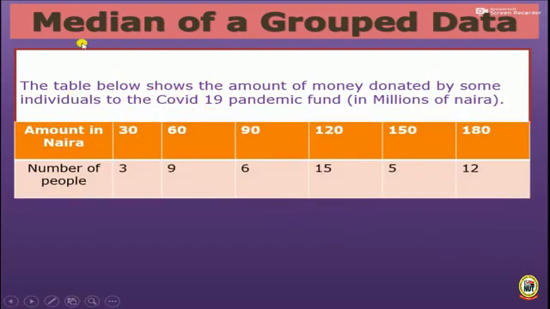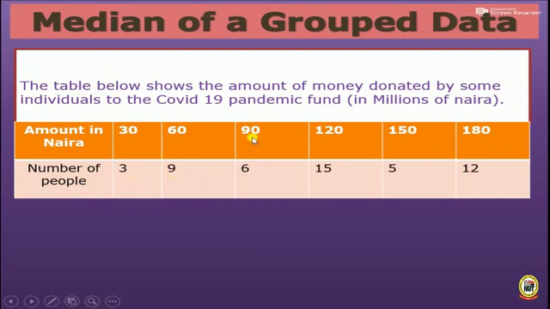So let us quickly look at median of our grouped data. The table below shows the amount of money donated by some individuals to the COVID-19 pandemic fund, of course in millions of naira. Amount in naira and then the number of people who donated in this column. Those who donated 30 million are 3. Those who donated 60 million are 9.